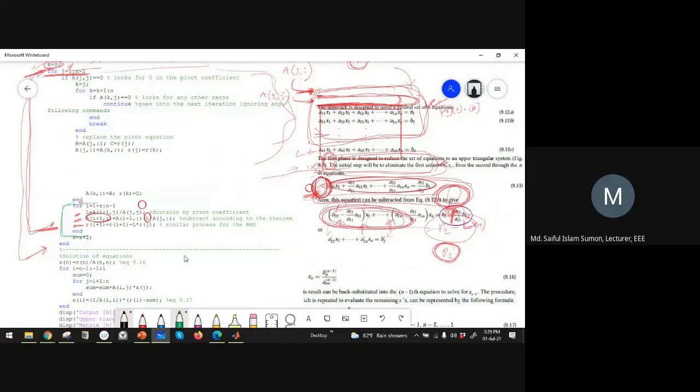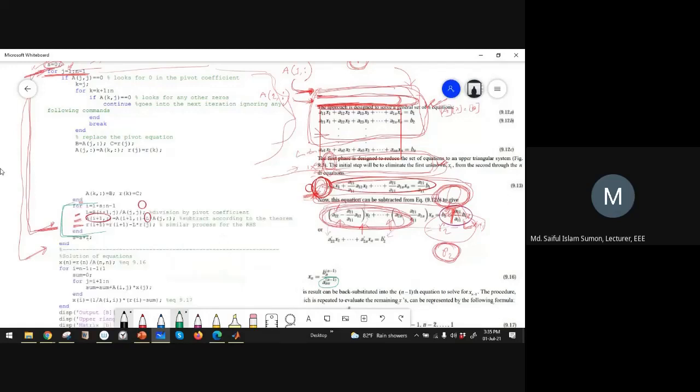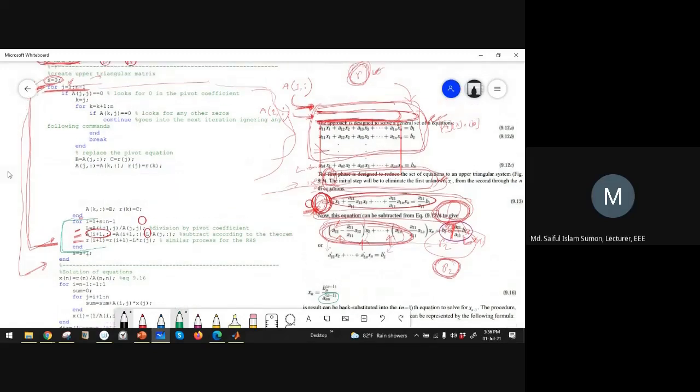Now, one confusion may arise. To get the upper triangular matrix, I also need to divide by A11 or A22 or A33, A44, like this, isn't it?